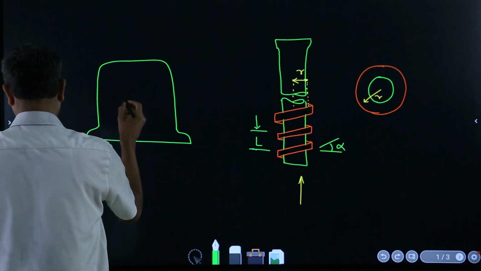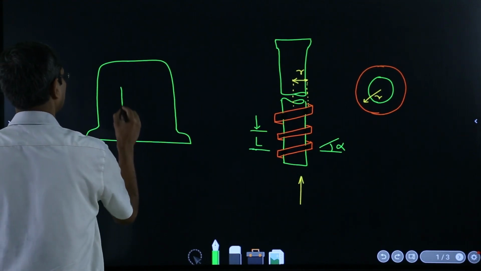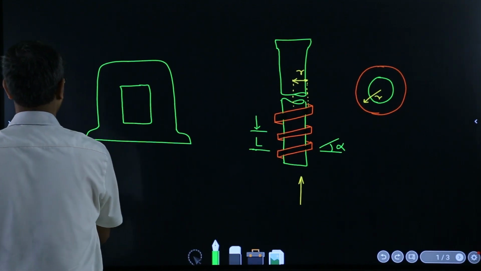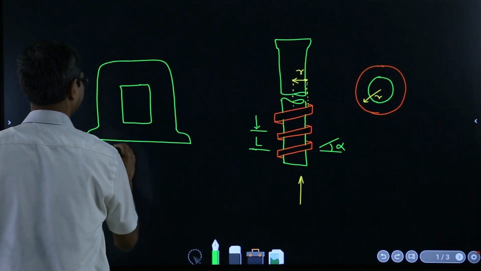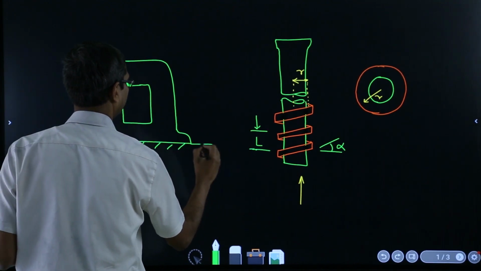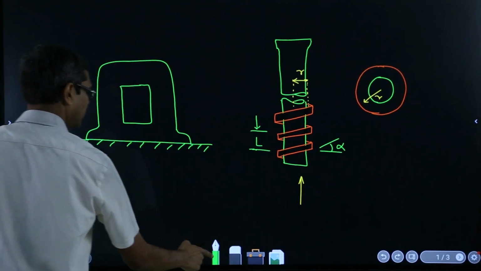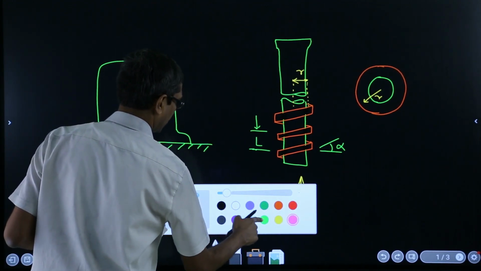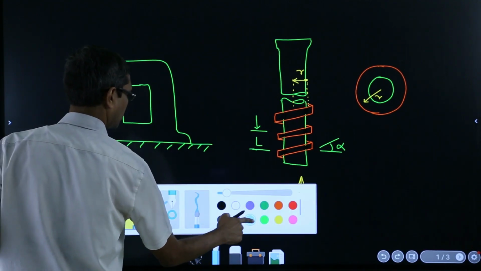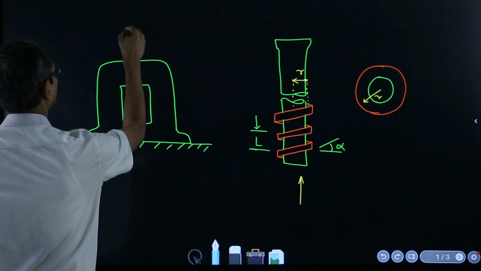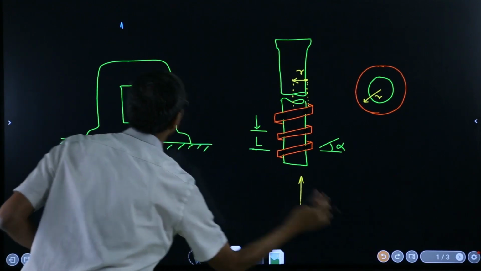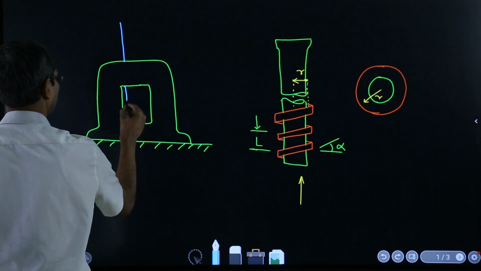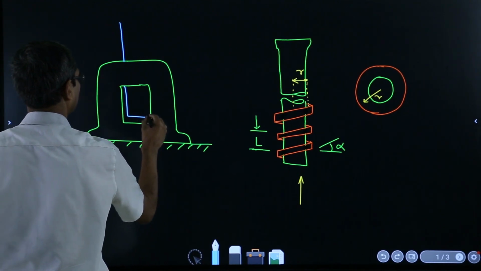Okay, and let's say here there is, and this is the ground. It is sitting on the ground. Okay, and then you have your, sorry, the thread coming here. It's something like that. It's coming inside this.